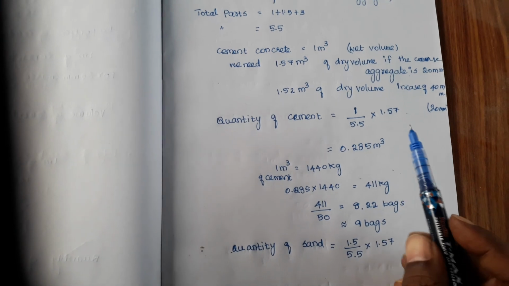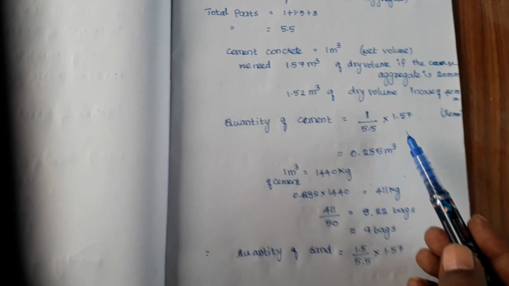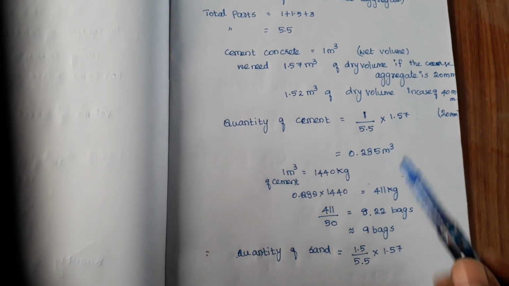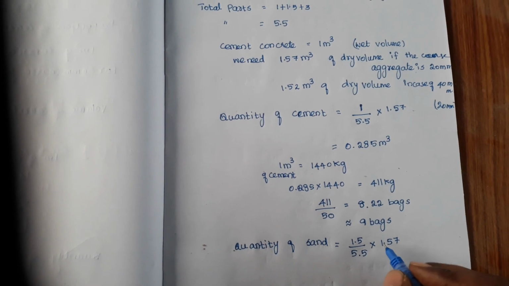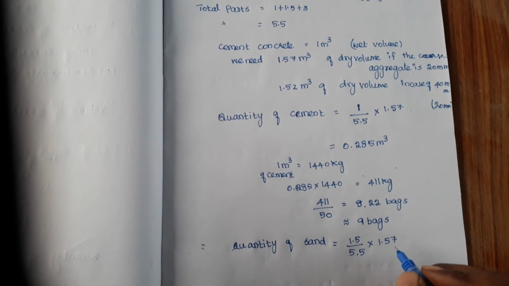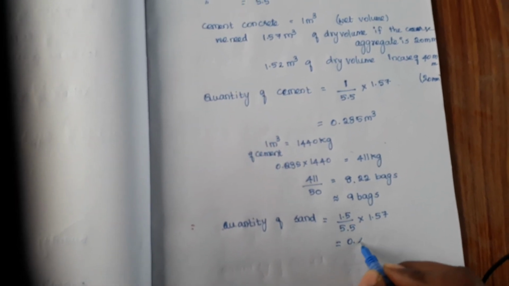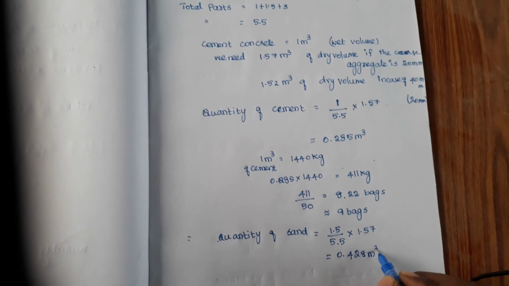We are taking 20 mm coarse aggregate, so we multiply 1.57 by that proportion. Now we will get 0.428 meter cube.